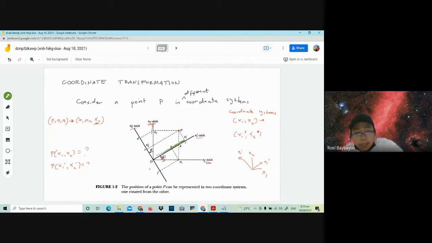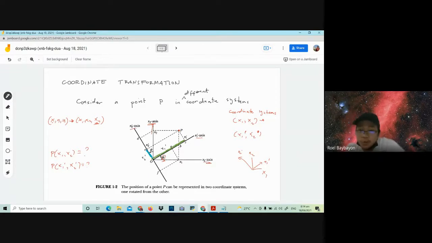And x2 prime is this one. So I will denote this as my x1 prime and this one as my x2 prime. Now, how long is this length?